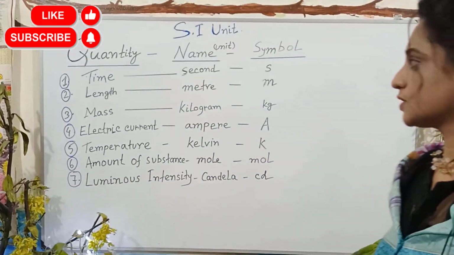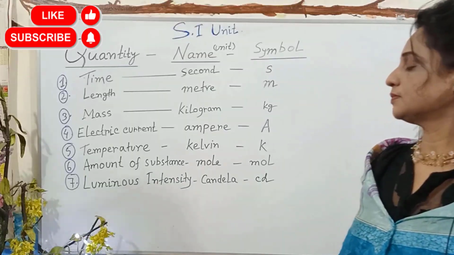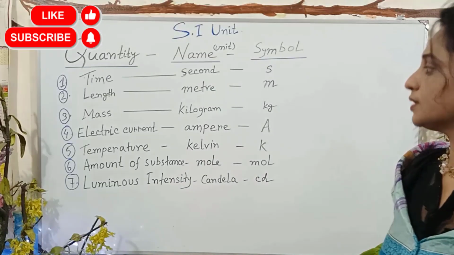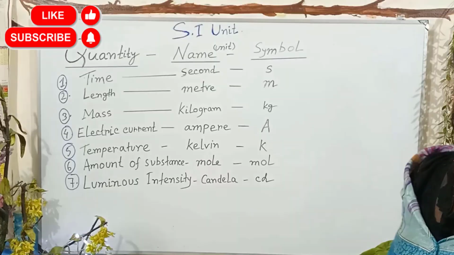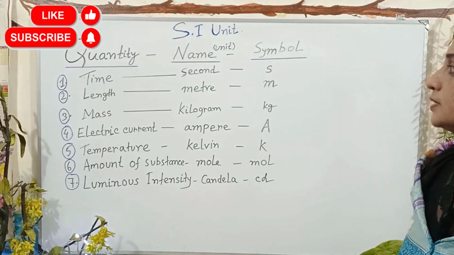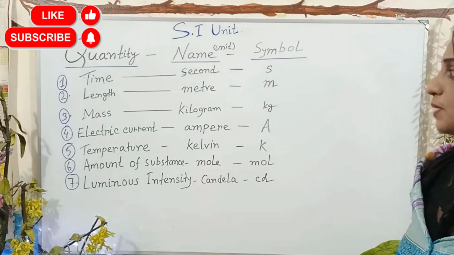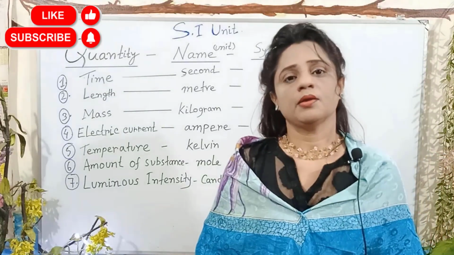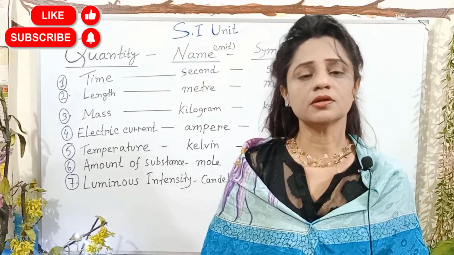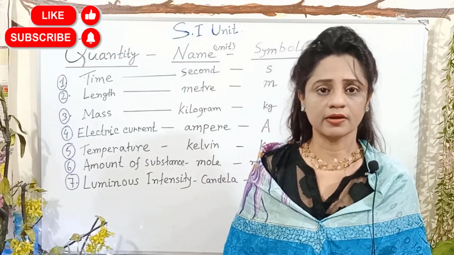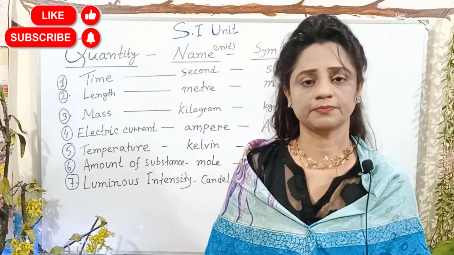These are the 7 fundamental quantities: time, length, mass, electric current, temperature, amount of substance and luminous intensity. Time and length are very easy for you. Today I will explain what is mass. Mass is the total measurement of the amount of matter in an object.